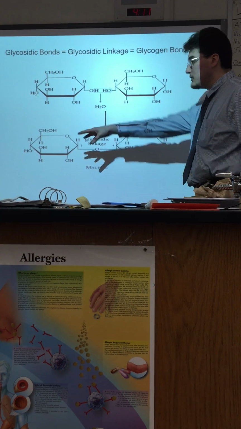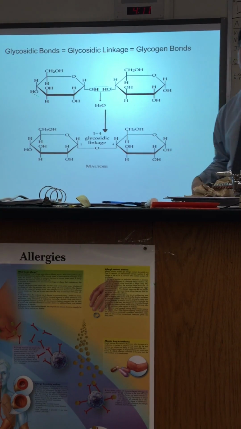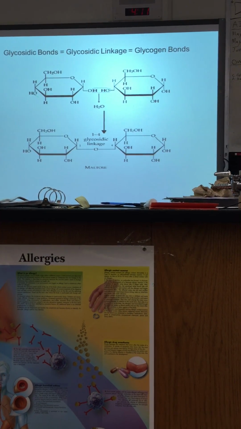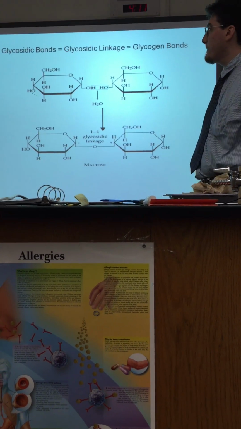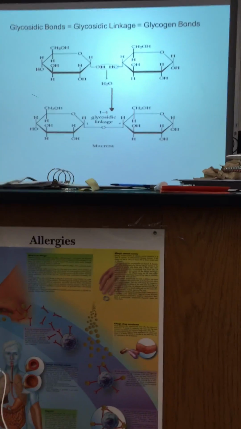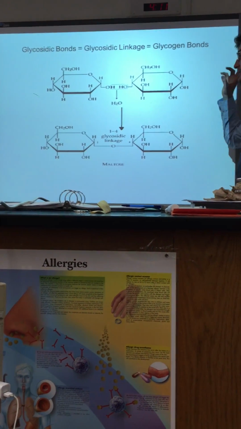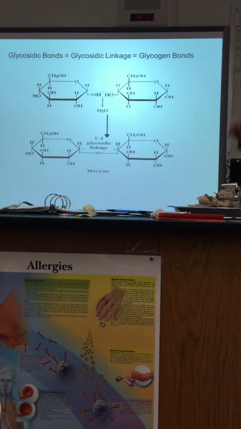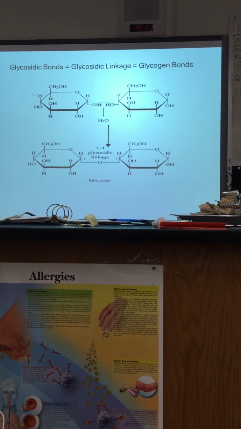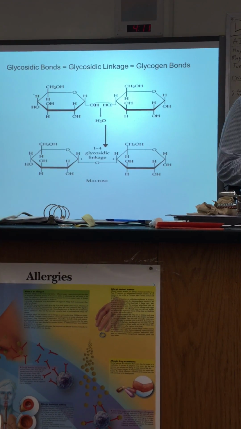If we're talking about glucose to glucose, alpha glucose to alpha glucose, you get maltose. So that is a glycosidic linkage, glycosidic bond.